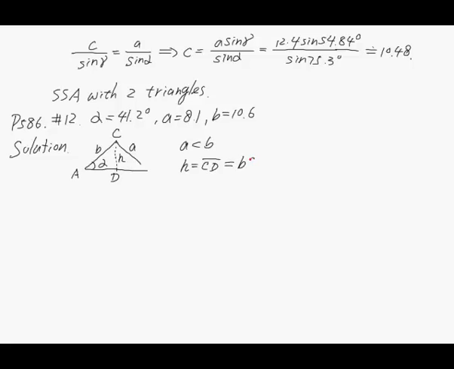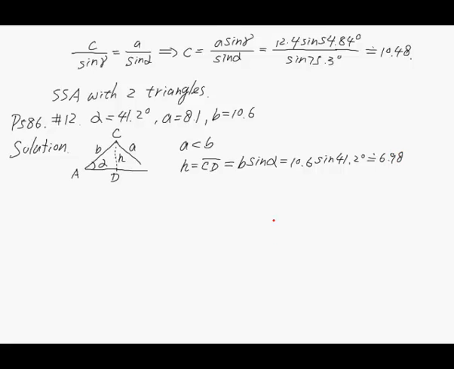So you have b times sine alpha, and this is equal to 10.6 times sine 41.2 degrees, and this is approximately equal to 6.98.